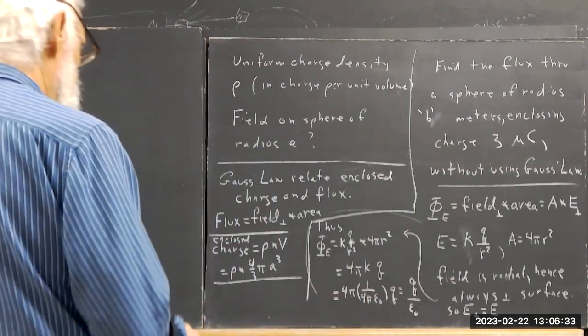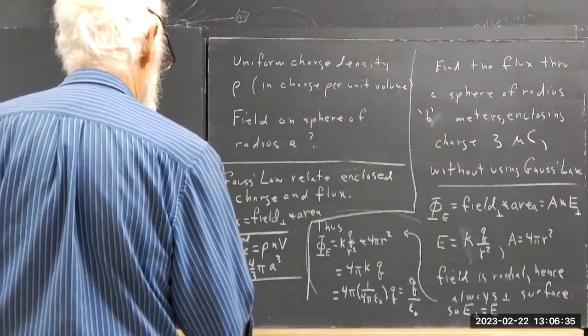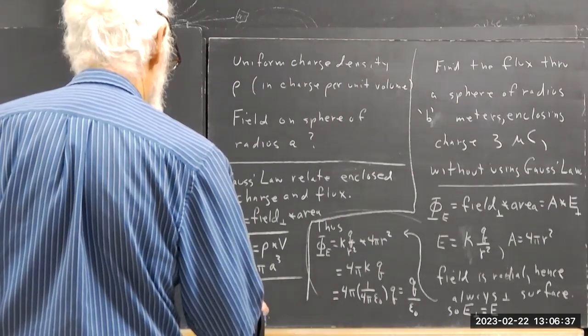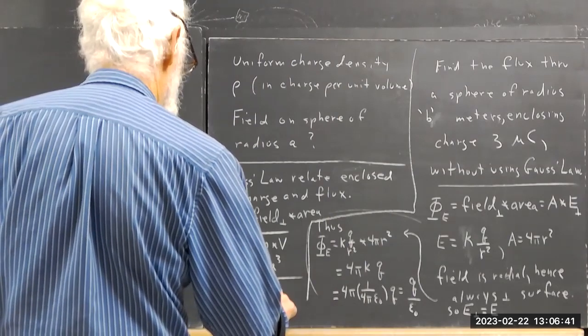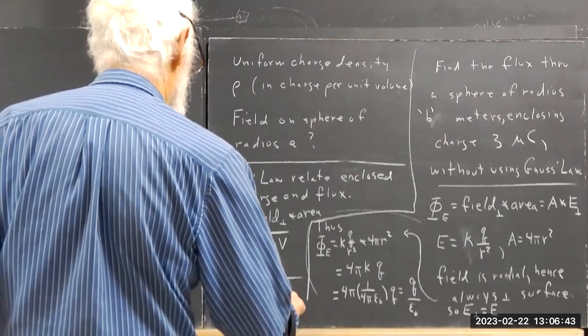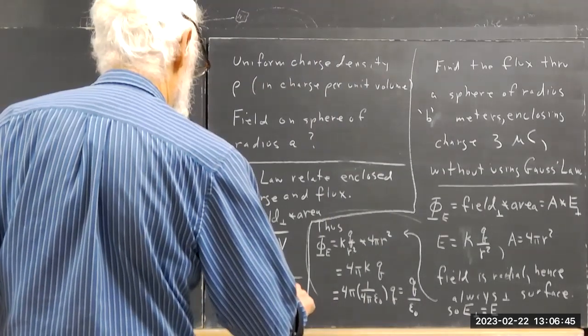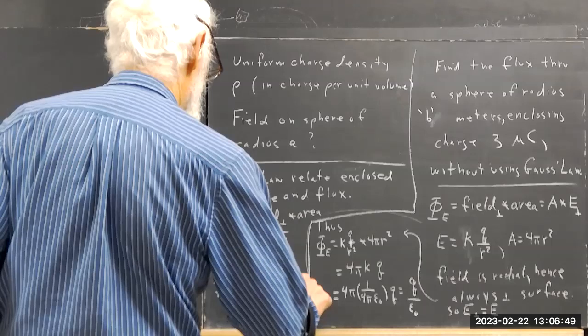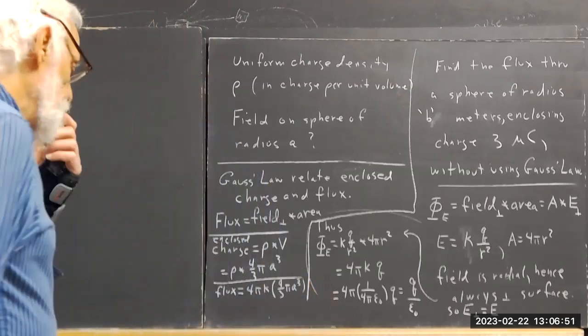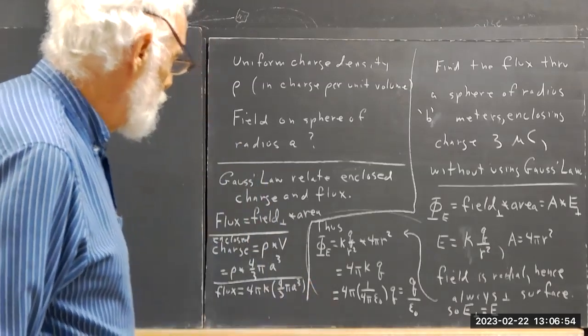Okay, so flux is 4 pi k times 4/3 pi a cubed, isn't it?